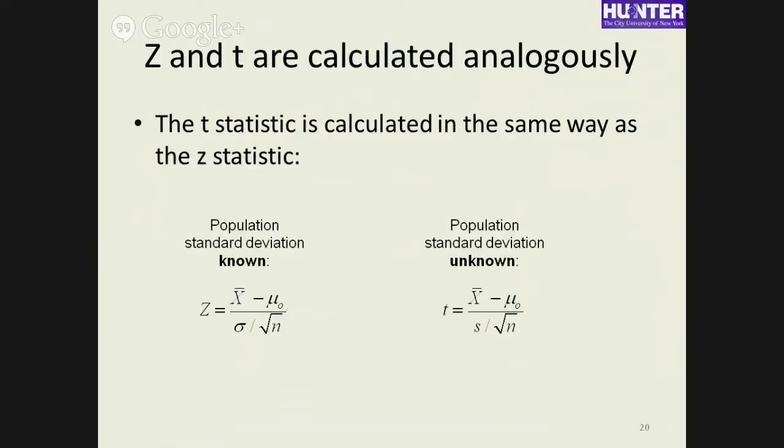Question? When would we ever know the population standard deviation? We might know the population standard deviation if it is something that was on a census. So we have a reference from everyone.